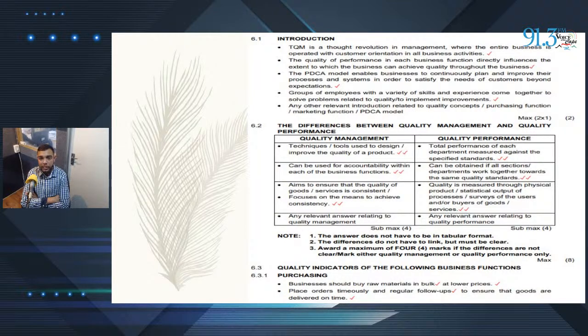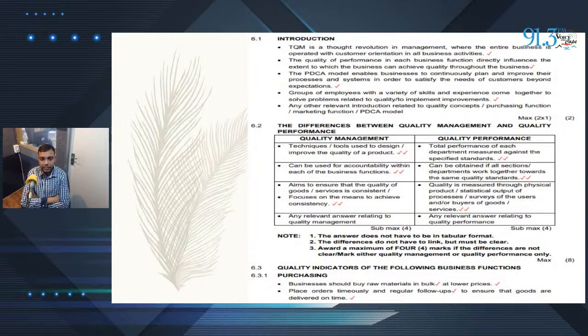Quality performance: total performance of each department measured against the specified standards and can be obtained if all sections or departments work together towards the same quality standards. So there are your 8 marks.